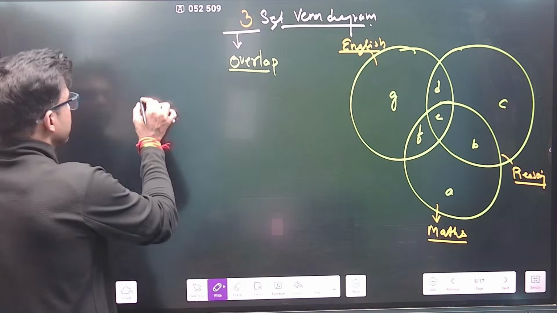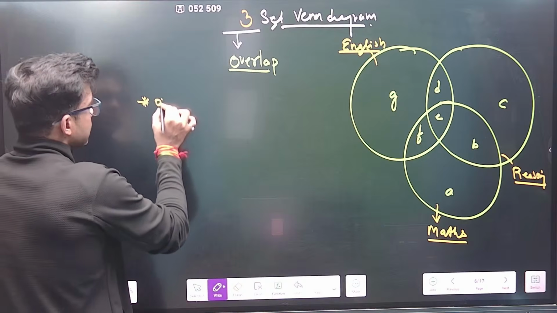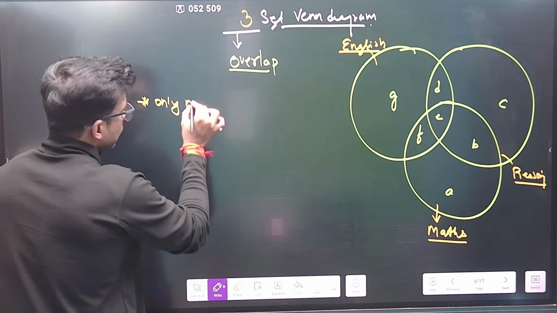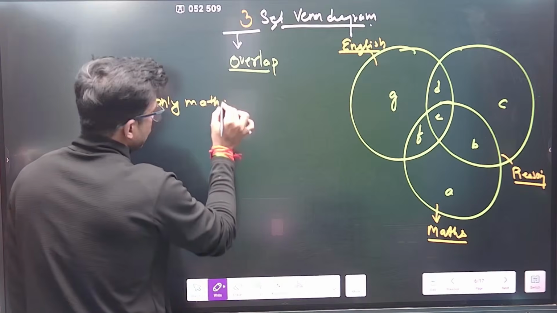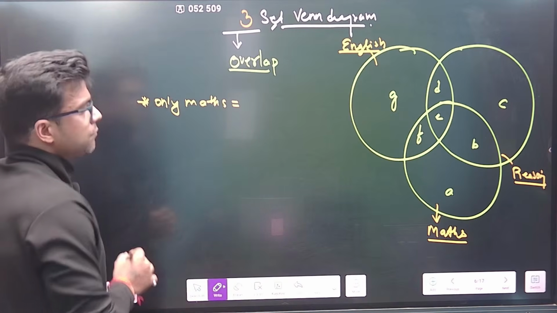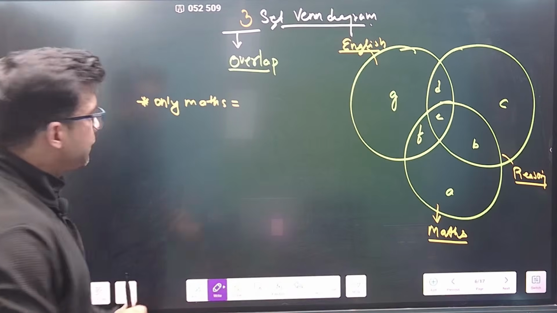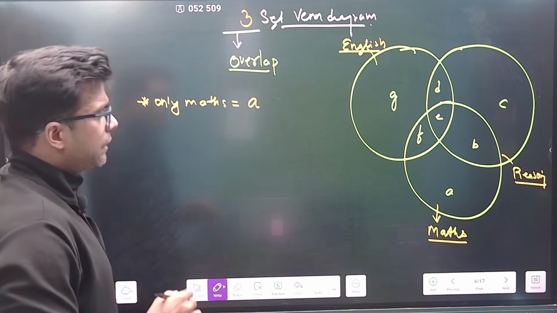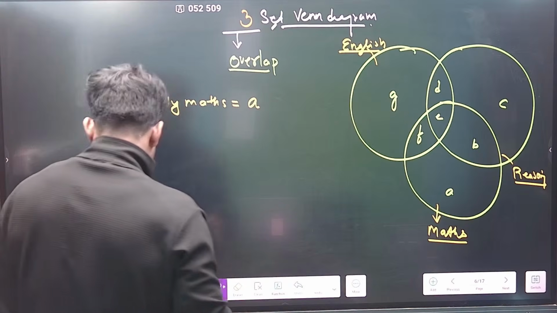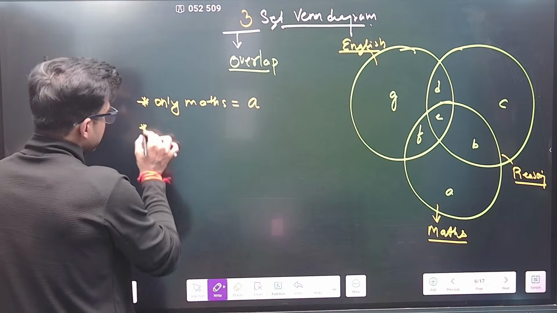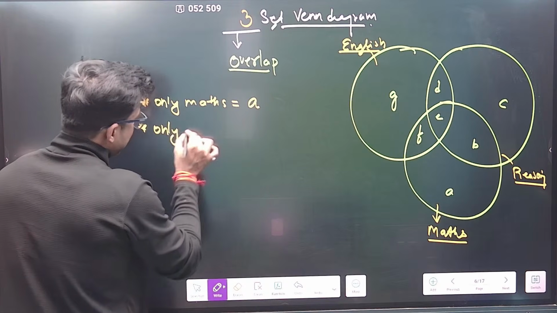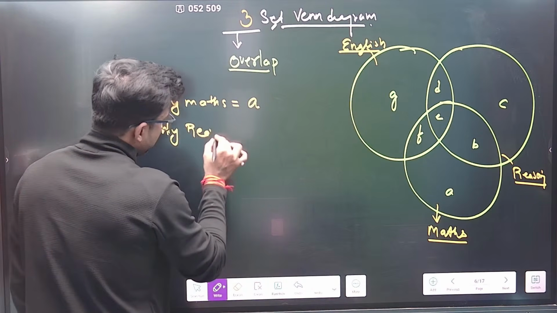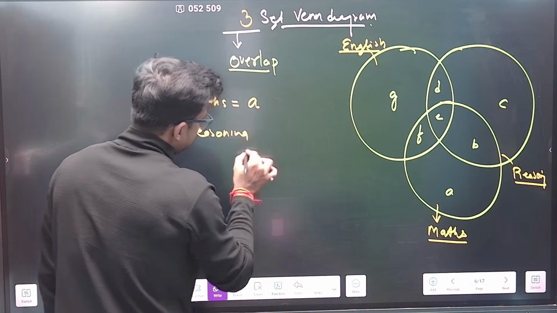If I write down only maths, which part is only maths? Come on, say. Can I say that part is A basically? If I say to write only reasoning, which part is it now?